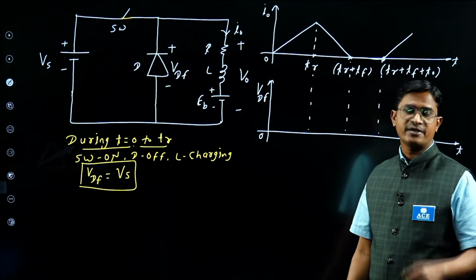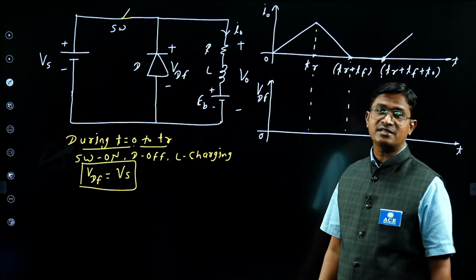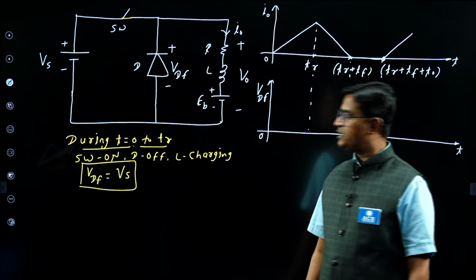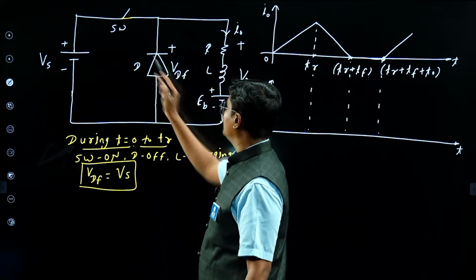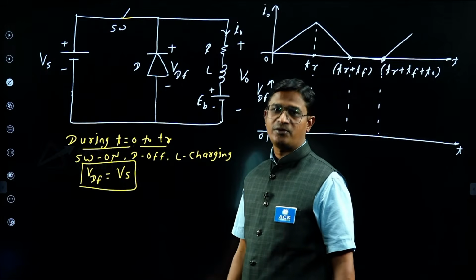Inductor will be discharging. And tell me now, in this circuit, when my inductor starts discharging, at what position will it discharge? Here, when switch is in off state, then to oppose the sudden change in current, my inductor will discharge through freewheeling diode, right?